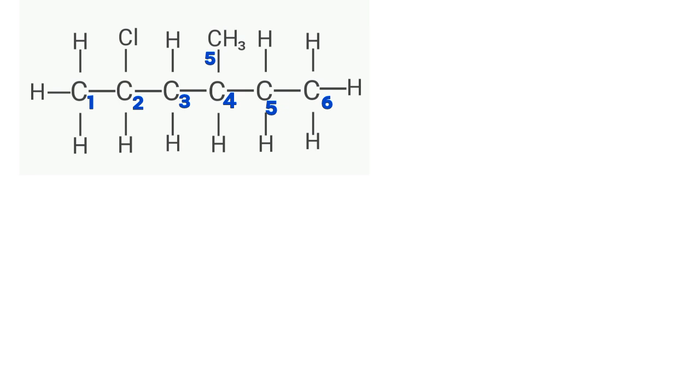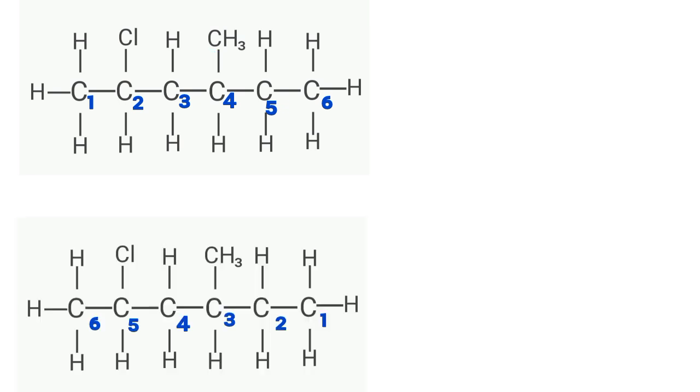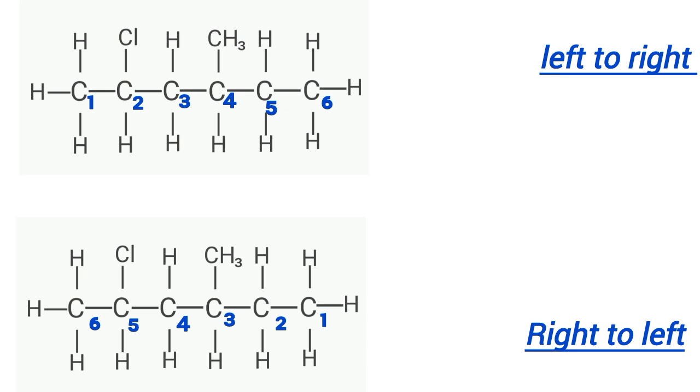So next, we number the parent chain from the left to the right and from the right to the left. Then we choose which numbering gives the substituent the lowest possible number. So the first structure here, our numbering was from the left to the right. For the second structure, the numbering was from the right to the left.